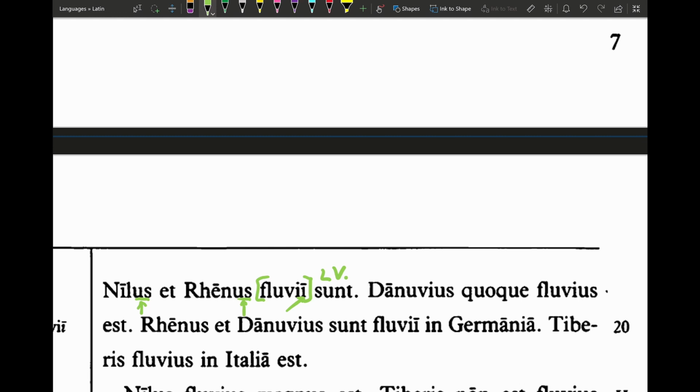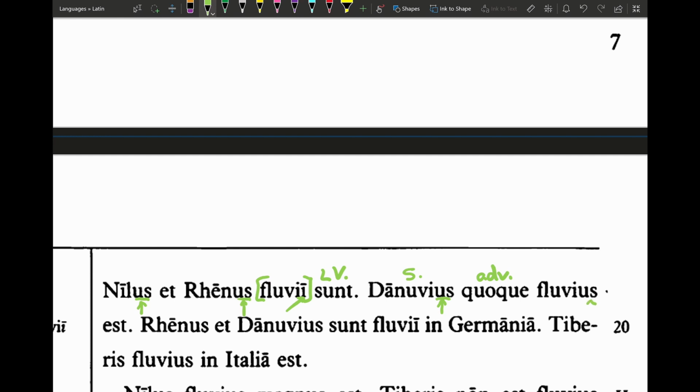Okay, moving along. Danuvios quoque fluvios est. Notice that our sentence structure is basically the same, except we have the adverb quoque, meaning also, and we've lost one of our subjects. So we only have one subject in this sentence, and it is this word here, Danuvius.